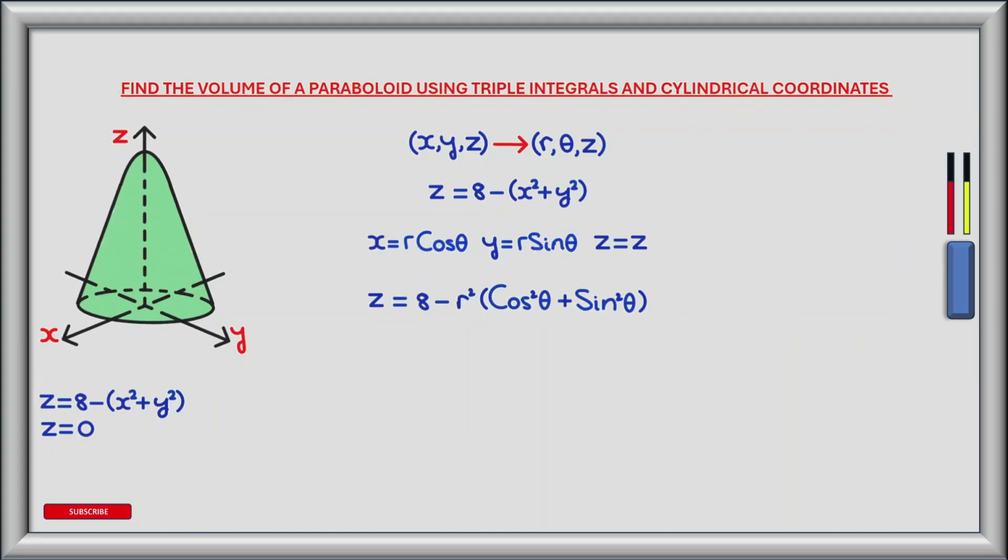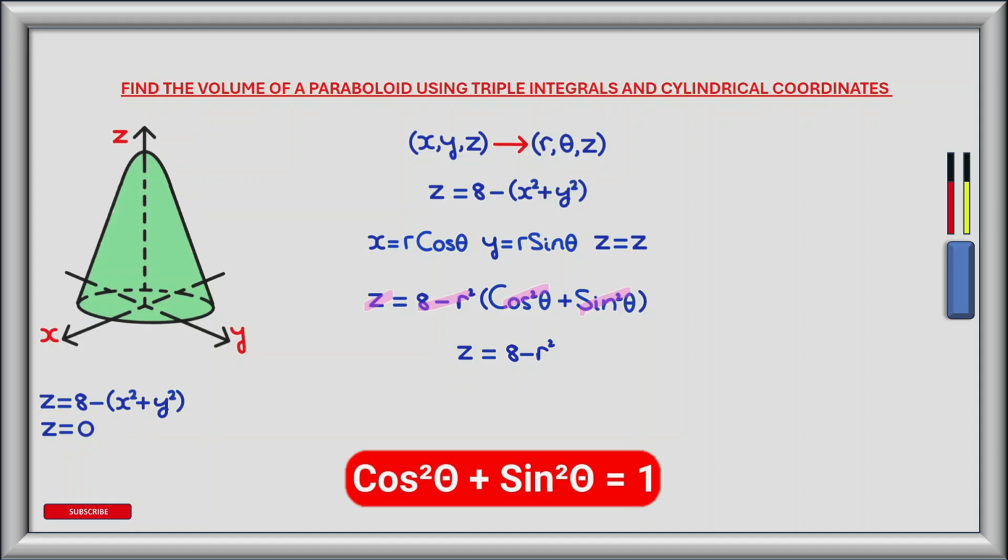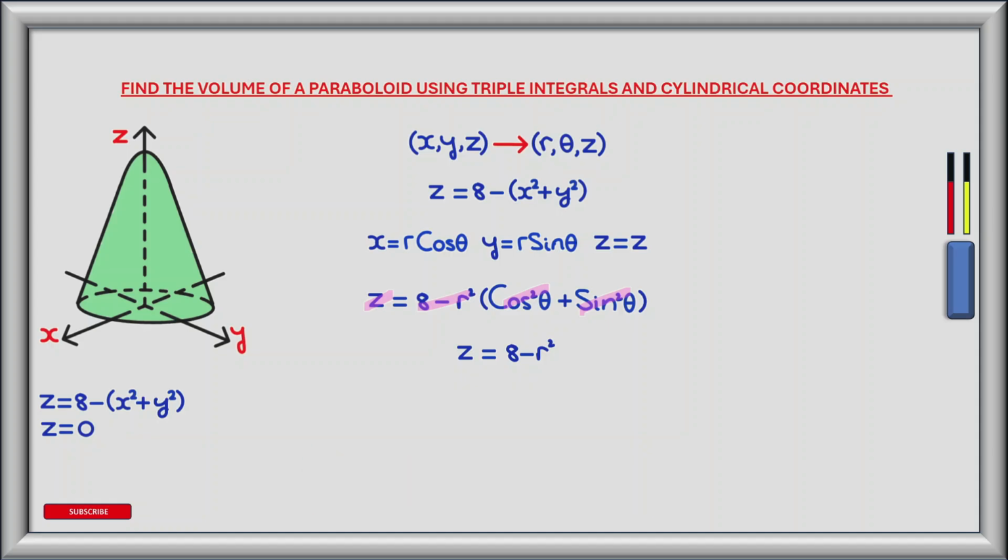After making the substitution, our equation becomes z equals 8 minus r squared (cos squared theta plus sin squared theta). Using the trig substitution, where cos squared theta plus sin squared theta is equal to 1, we're left with z equals 8 minus r squared.